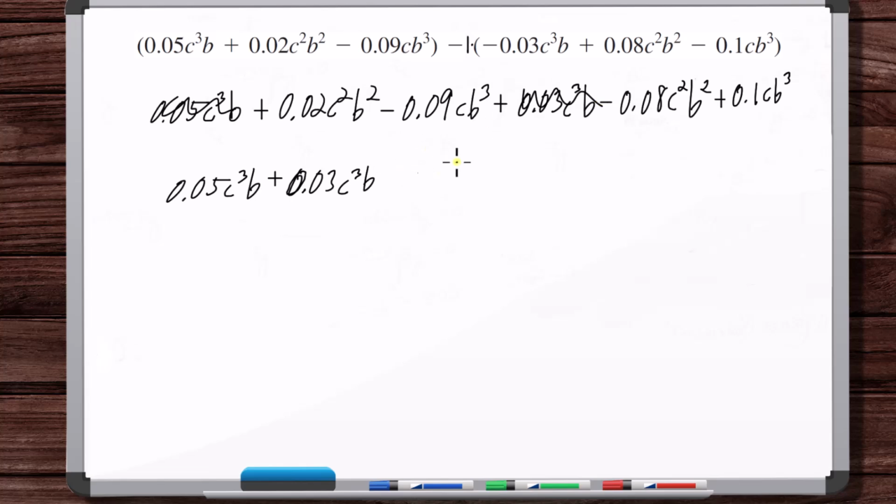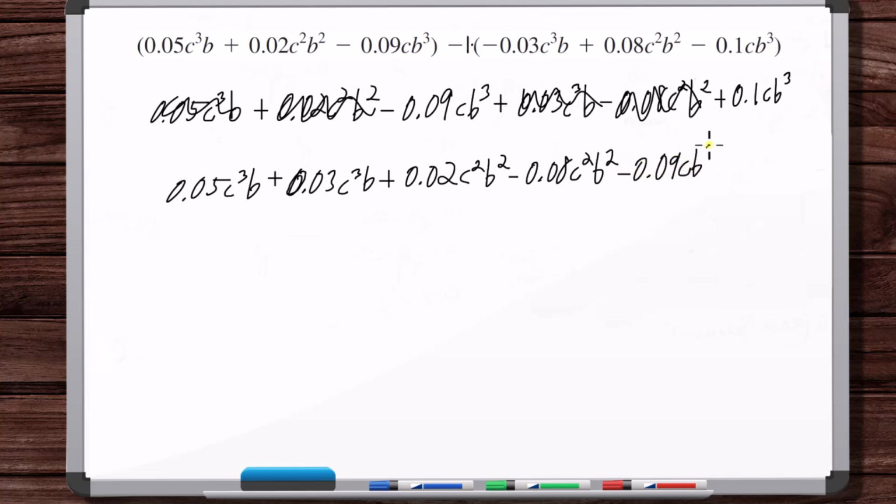We've got 0.02 c squared b squared minus 0.08 c squared b squared. Okay, minus 0.09 cb cubed plus 0.1 cb cubed. Okay. So now we can go ahead and add these.